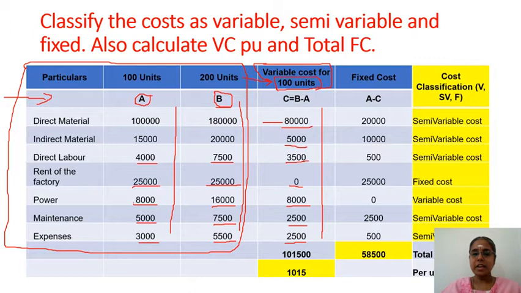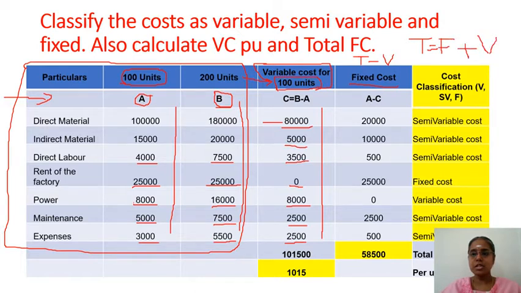Next, let us calculate the fixed cost. Fixed cost is calculated by total cost minus variable cost. So total cost for 100 units minus variable cost for 100 units will give you fixed cost, because total cost is equal to fixed cost plus variable cost.